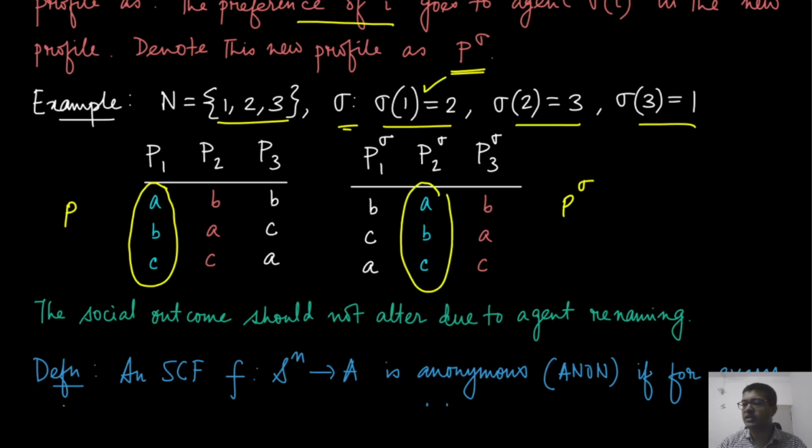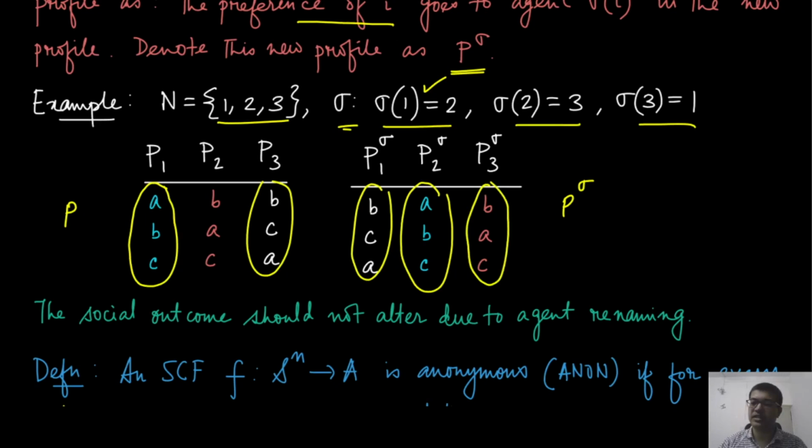Similarly, player 3 has become player 1 in the modified game, so its ordering is the same as player 3 in the original game, and similarly for player 2.